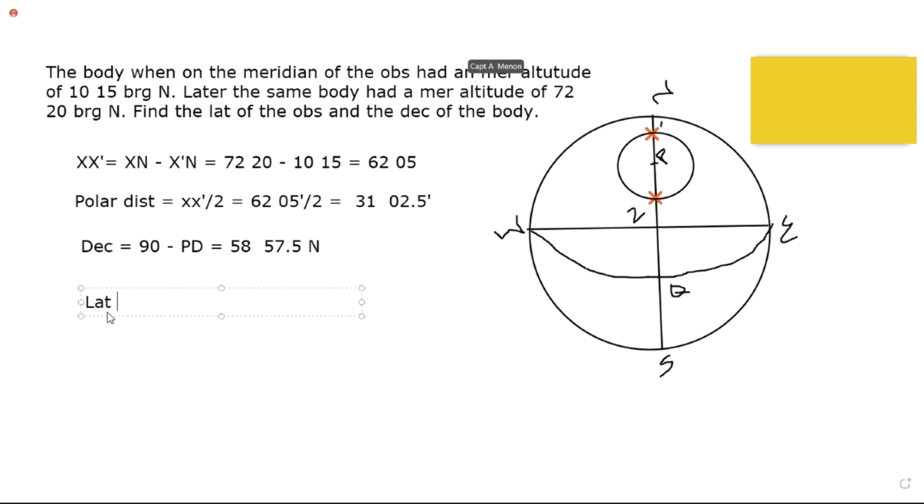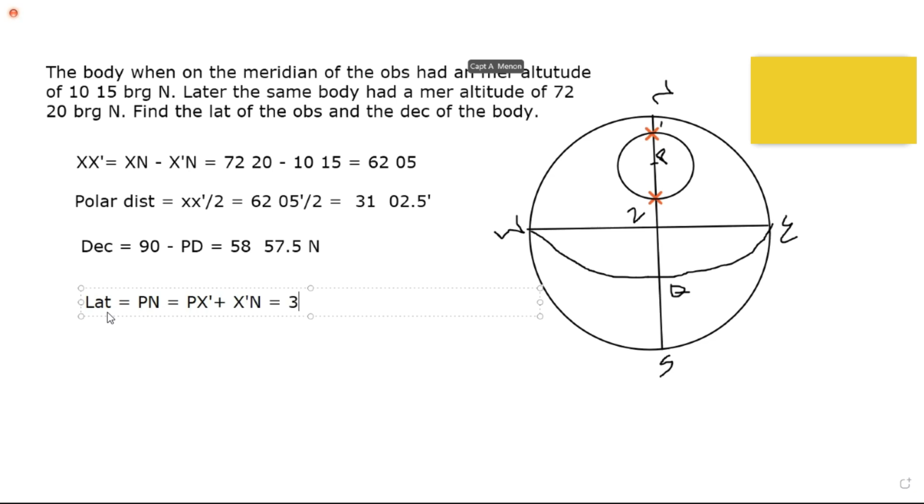What is latitude? In the figure, what would QZ be? QZ is equal to PN, correct? Because we have derived that latitude PN is equal to, from the figure we can say, PX dash plus X dash N. X dash N is the altitude of the lower meridian passage.